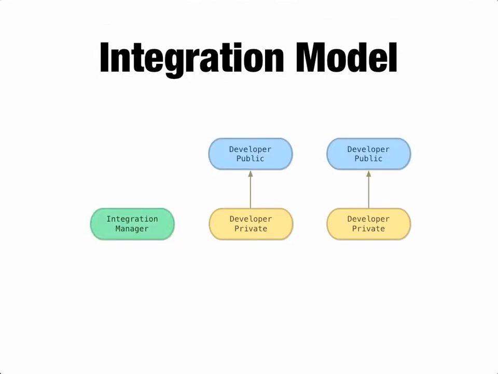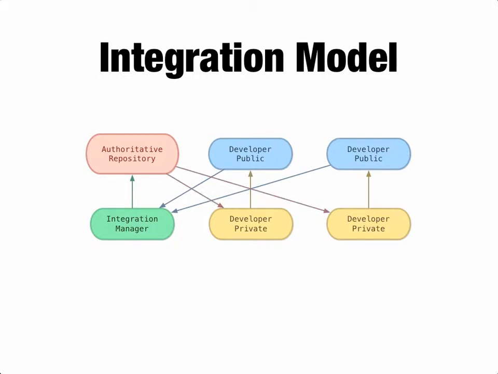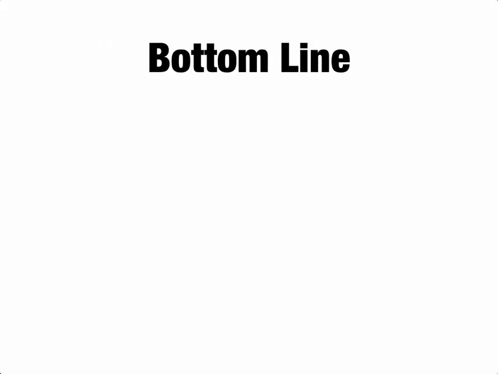So basically, each developer has their own private repository and they push to their own public repository, and then you have an integration manager that interacts with those changes from the developers by pulling from their public repositories. And the integration manager, it's a bit like a mini Dictator model, I guess. The integration manager is the only one who pushes to the authoritative repository, and then the developers know that they can pull directly from that.